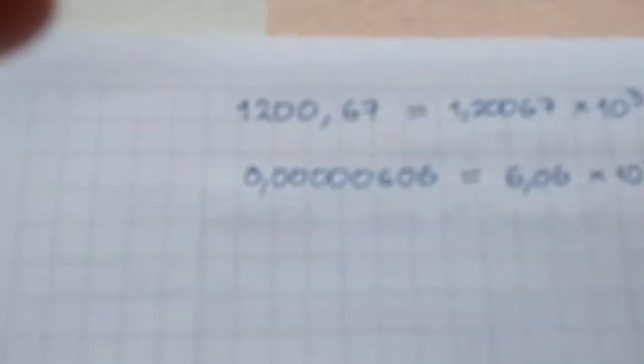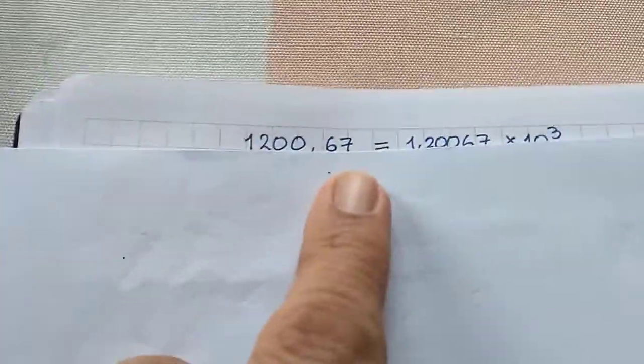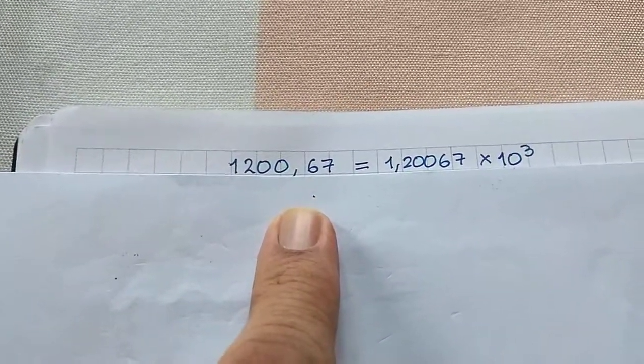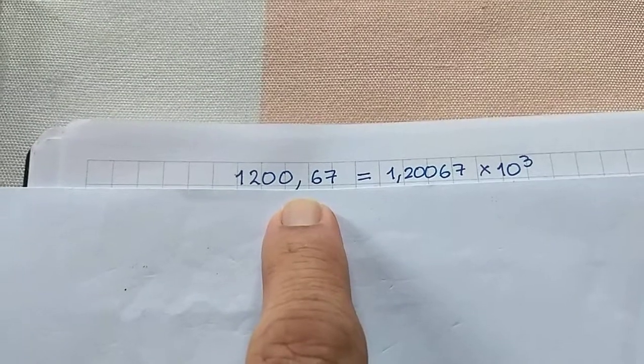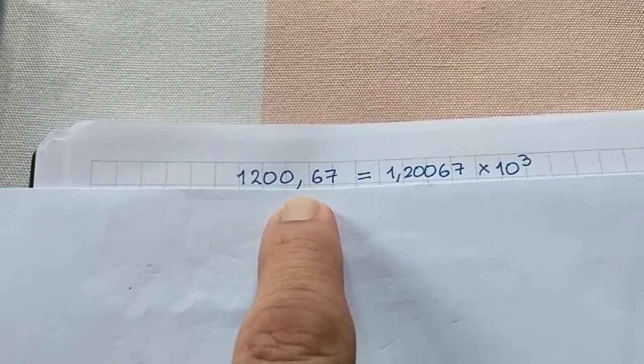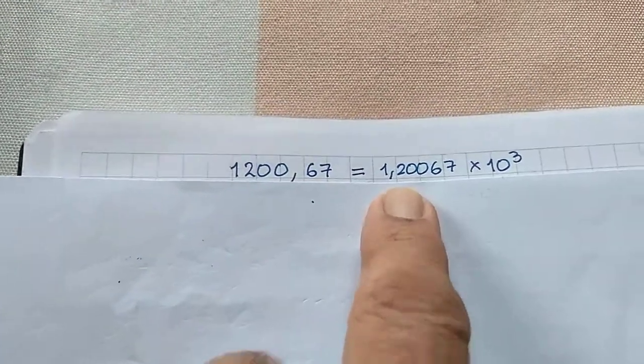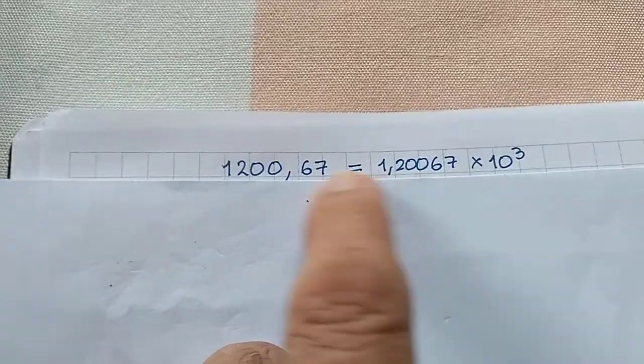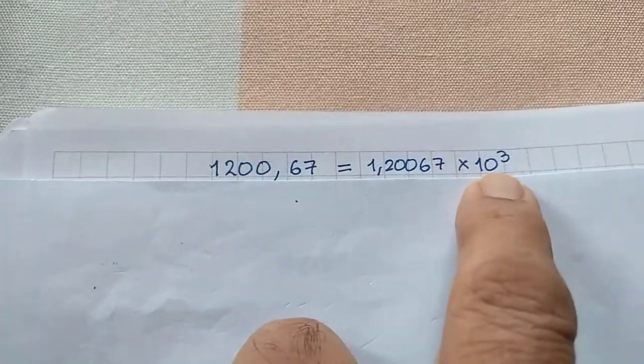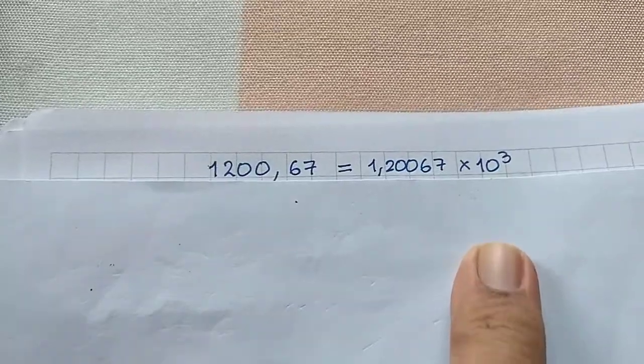So let's take 1200.67. Here we are moving the digit 3 places to the left to get 1.20067. 3 digits to the left, so you have to multiply it by 10 to the power 3.